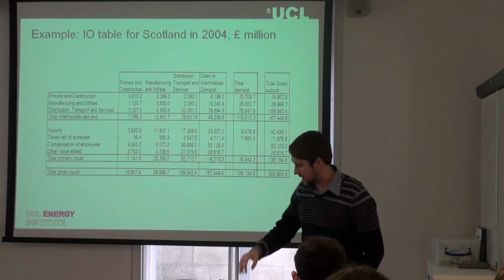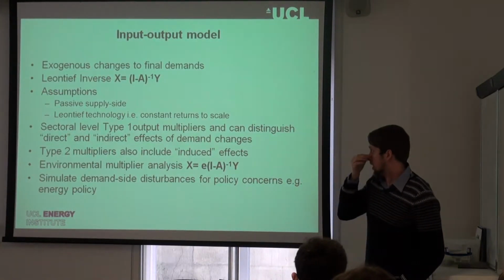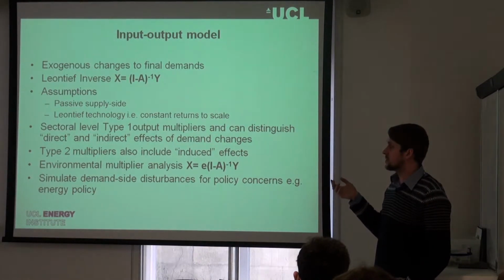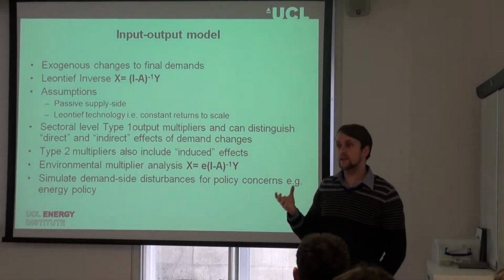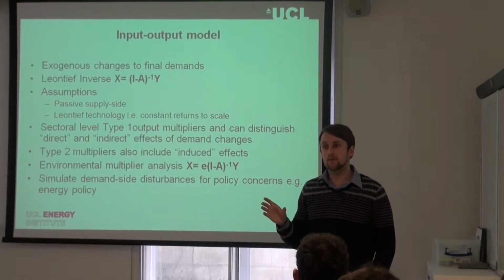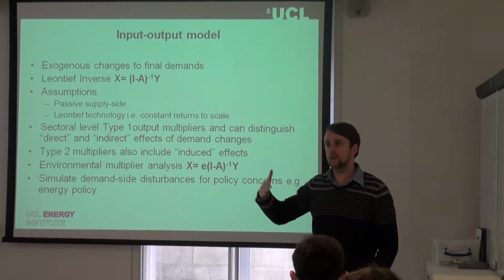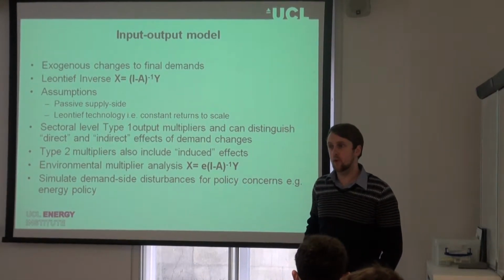At this stage, I'll just give you a bit more background. You can also use the IO database to create a very simple model of the economy, which is a good place to start, and then progressively build a slightly more complex model.